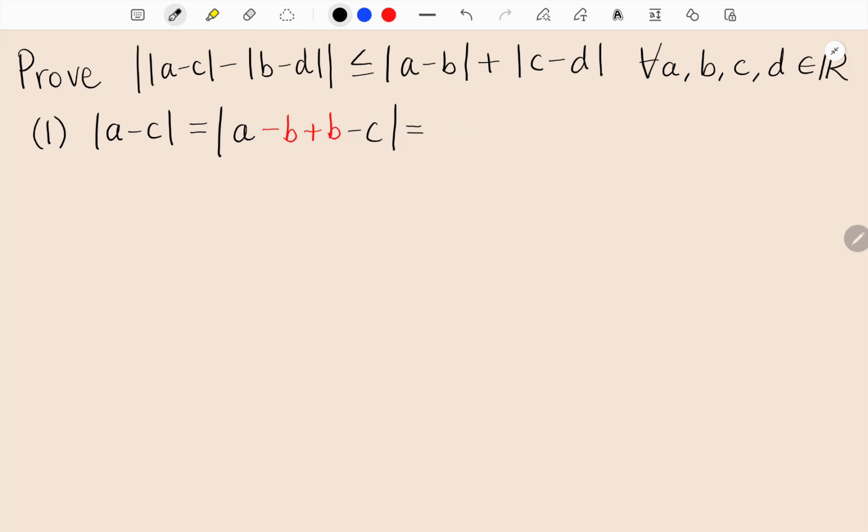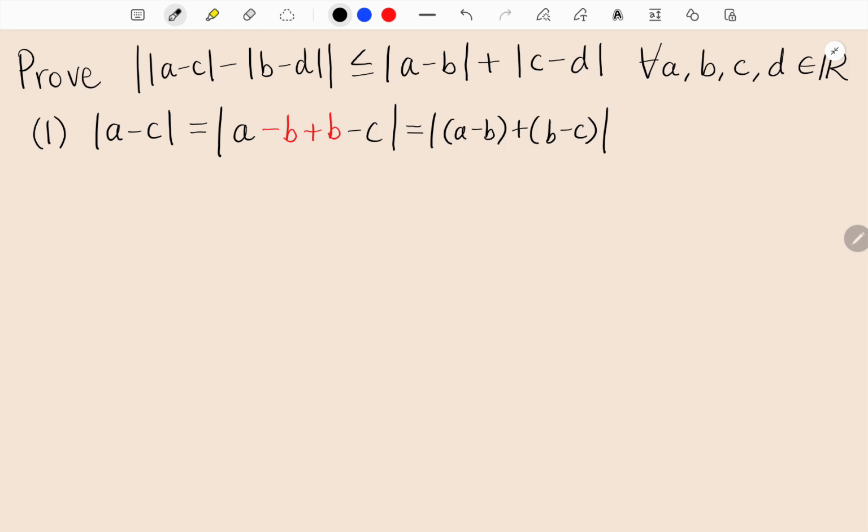So this is the absolute value of a minus b, plus, in brackets, b minus c, and all of this is in absolute value. Then I'm going to apply the triangle inequality to this expression over here.